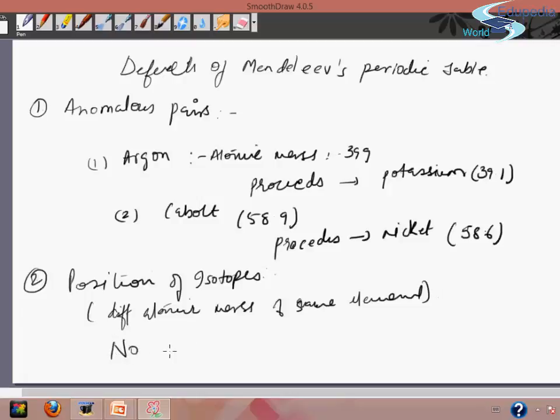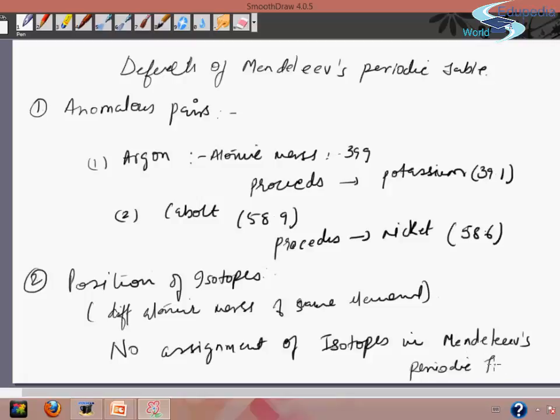So we write: no assignment of isotopes in Mendeleev's periodic table, right?